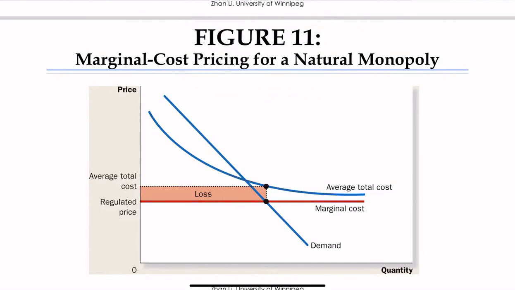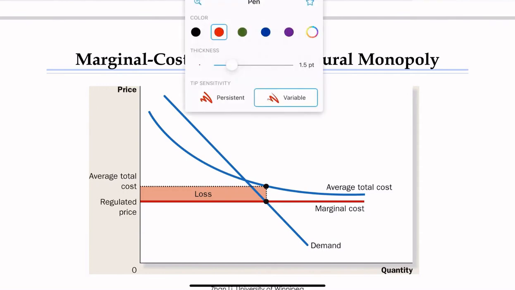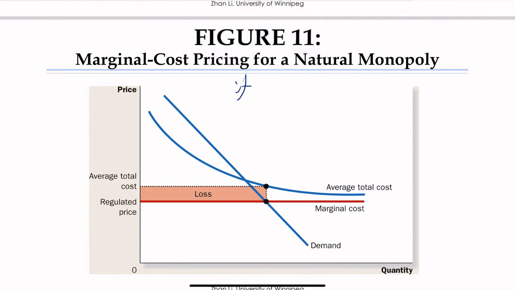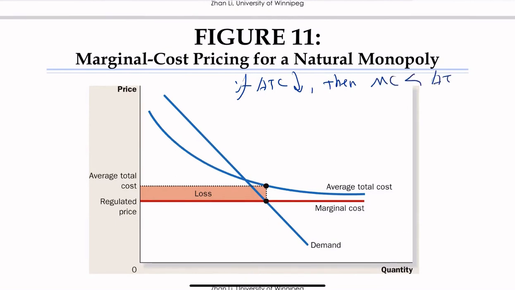And we also learned in previous chapters, if average total cost is decreasing, the marginal cost has to be lower than average total cost. Okay, let me write this down. So if ATC, average total cost, is decreasing, then we must have marginal cost smaller than average total cost.